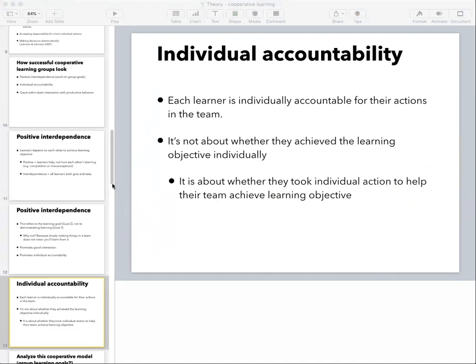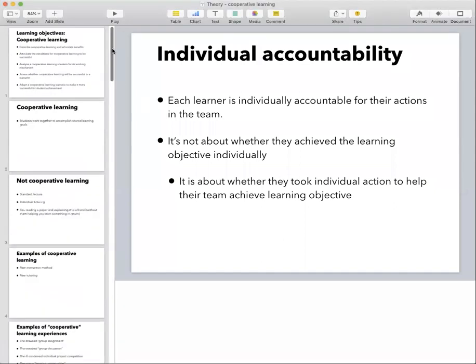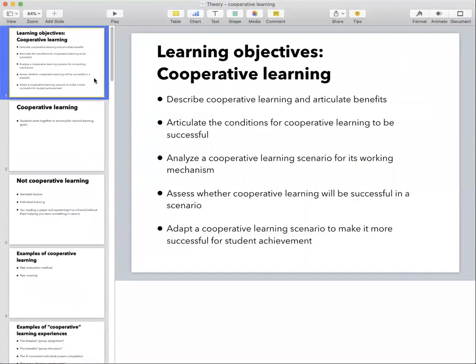what cooperative learning looks like. But before I go there, here's a quick check to make sure that we are following through on our learning objectives. We've learned what cooperative learning is. It is that students work together to accomplish shared learning goals.